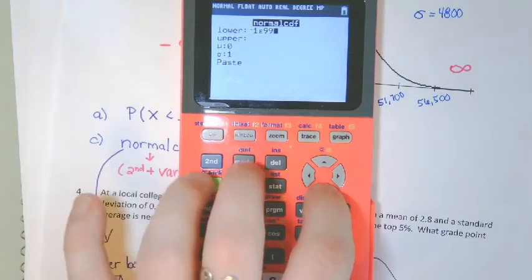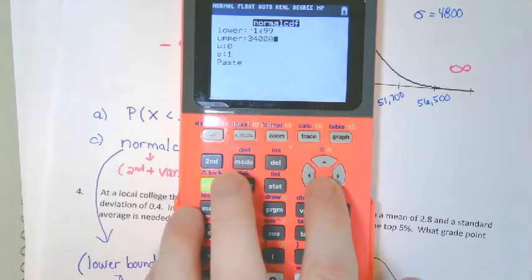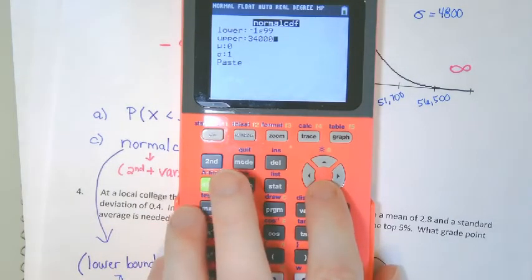So then I'll either move down to enter the upper bound, or if you have just open parentheses, you would type in a comma and then the value for our upper bound. So our upper bound, the largest value in the shaded area, was 34,000. I can move down to mu, the mean.